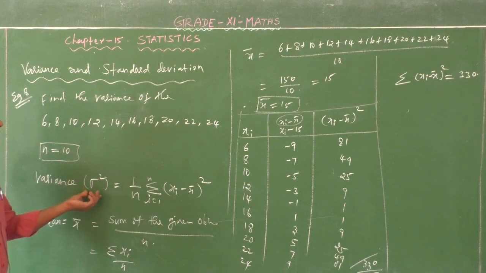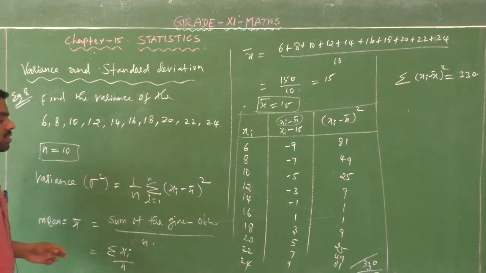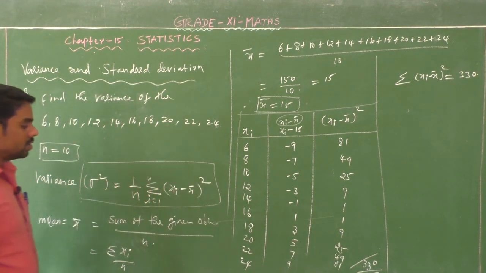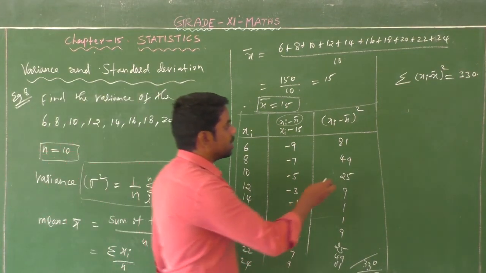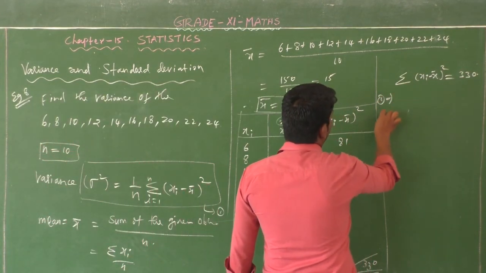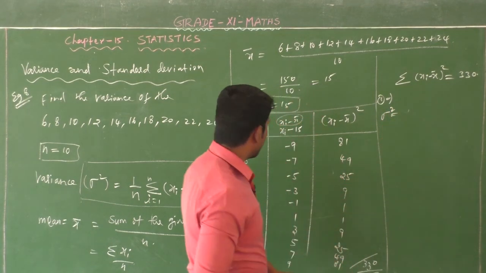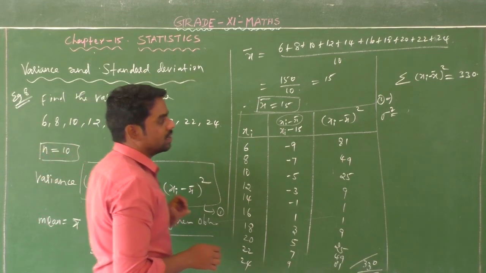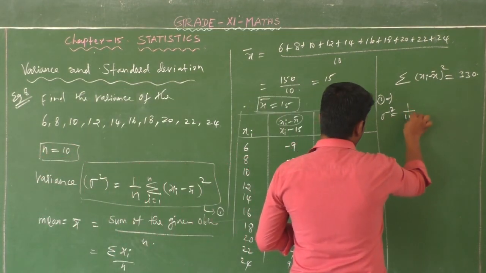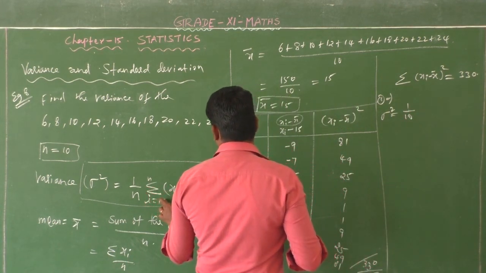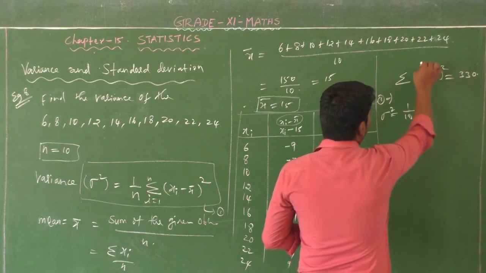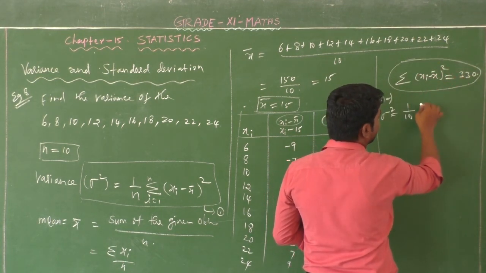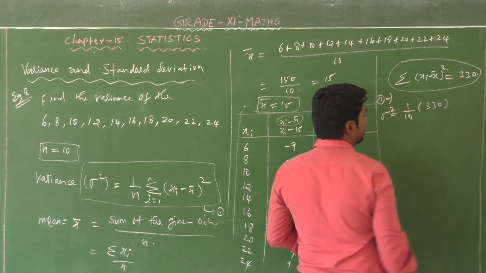The variance formula is sigma squared equal to 1 by n, summation of i equal to 1 to n, xi minus x bar the whole square. This is called equation number 1. Substituting the values, sigma squared is equal to 1 divided by n, where n, the number of observations, is 10, times the summation of xi minus x bar the whole square, which is 330.